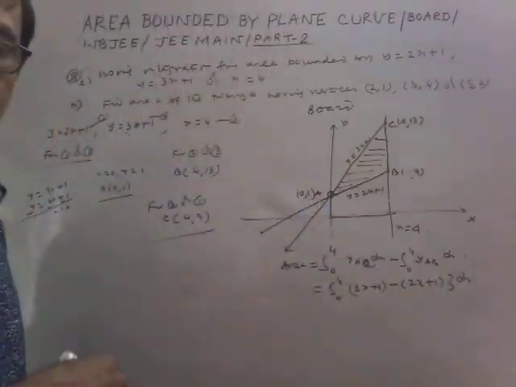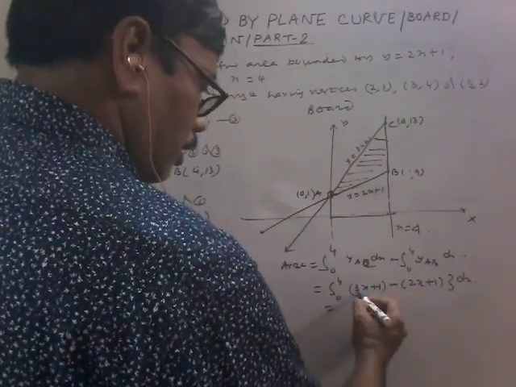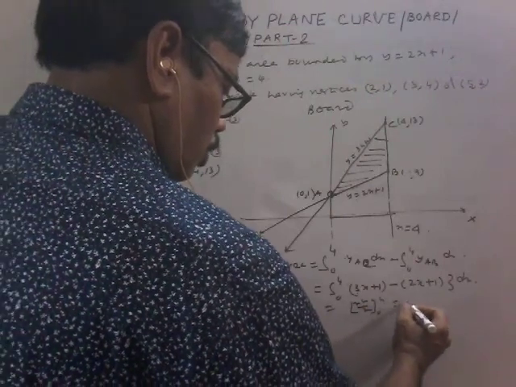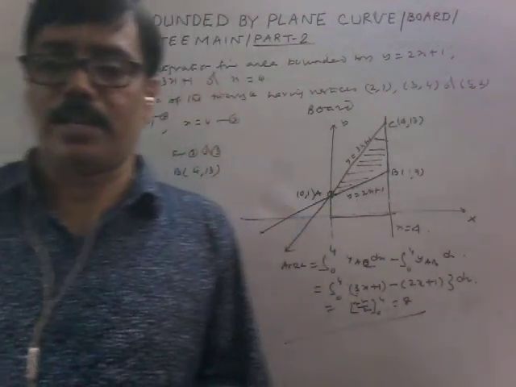If we integrate, the 1s cancel, we get x, so x square by 2 from 0 to 4, so this is 8. The answer is 8 square unit.